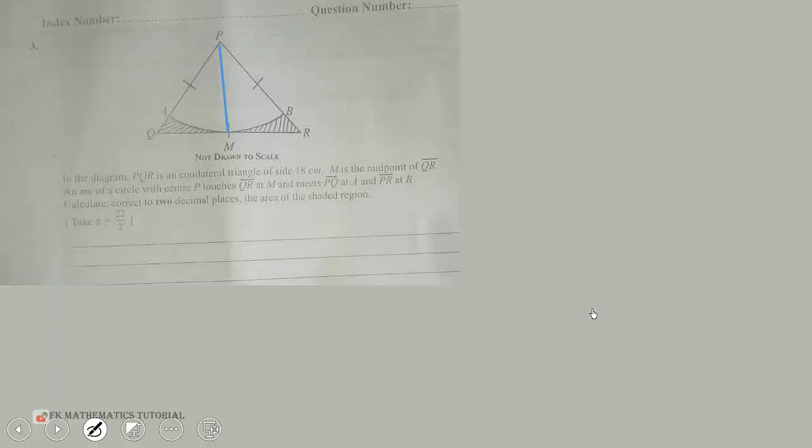We know the equilateral triangle has each angle to be 60 degrees, but this line divides that angle into 30 degrees each. We were also told that the equilateral triangle has side 18 centimeters. So since M is the midpoint, this is 9 centimeters.